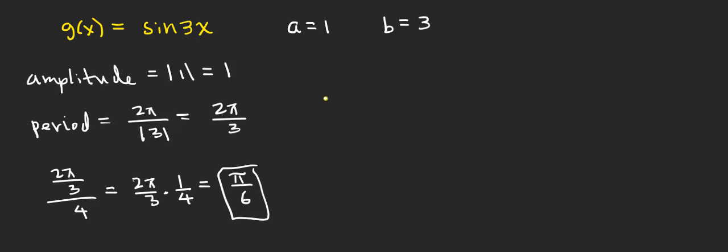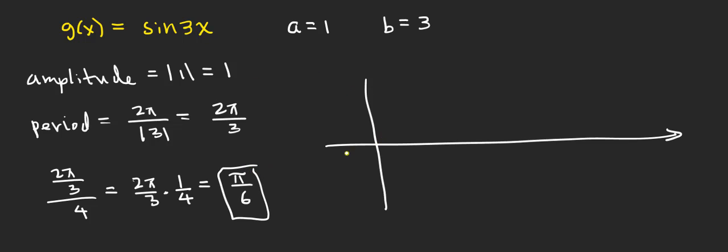So now, in order to sketch that, you know that the amplitude is 1, so it goes all the way up to 1 and all the way down to -1. So it's 0, pi over 6, 2 pi over 6, 3 pi over 6, and 4 pi over 6.